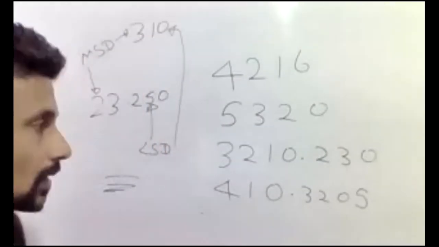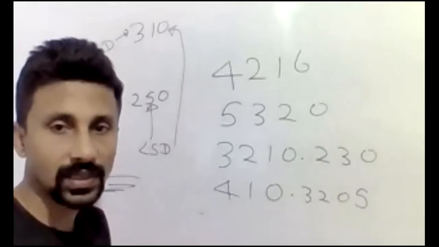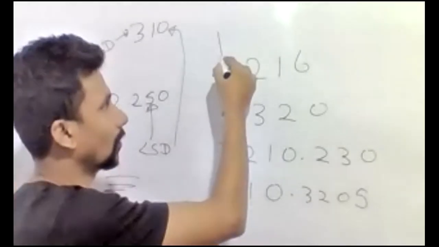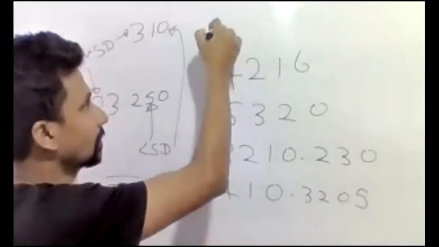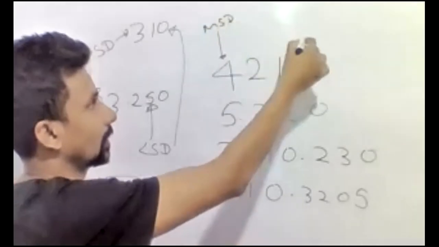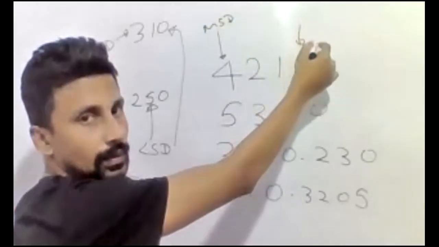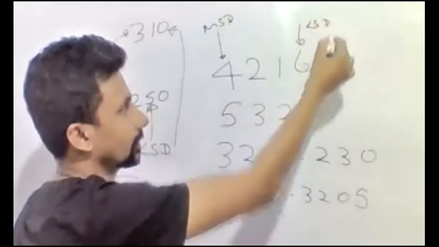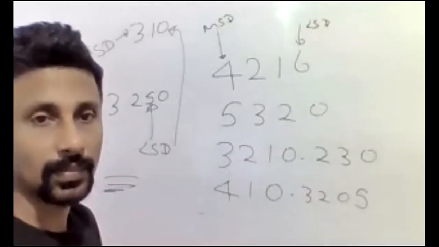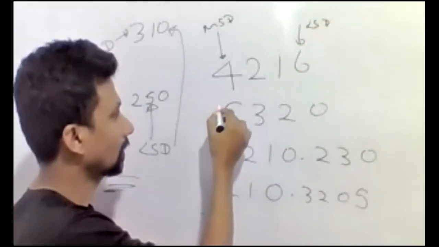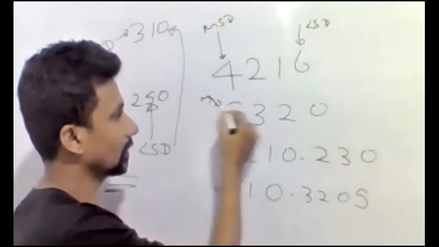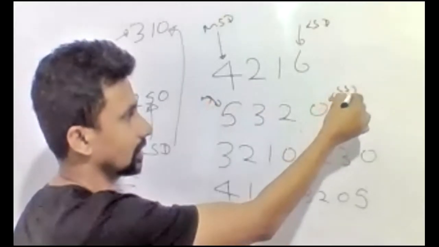Okay. Now here, the most significant digit is 4. 4 is MSD, 6 is LSD. In this number, 5000, 5 is MSD and 0 is LSD.